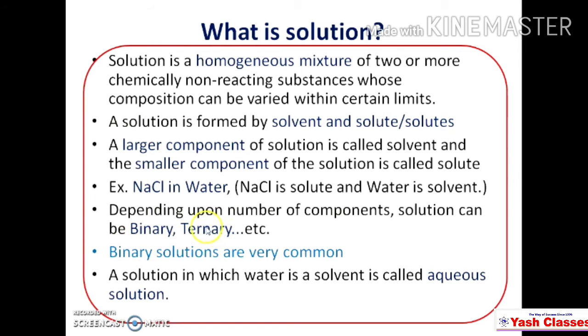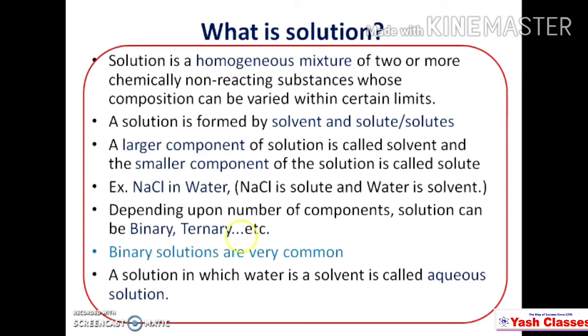Whereas a ternary solution contains three components. For example, sugar and sodium chloride, that is common salt, 1 gram each, added in 1 liter of water. Now there will be three components in the solution. One is water which is the larger component, that is the solvent.